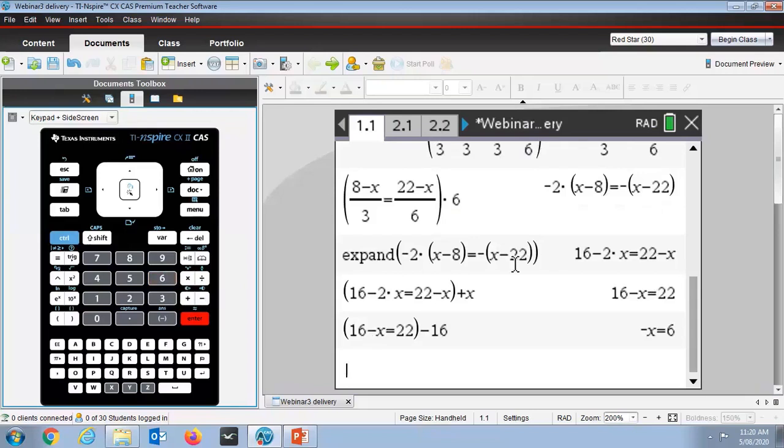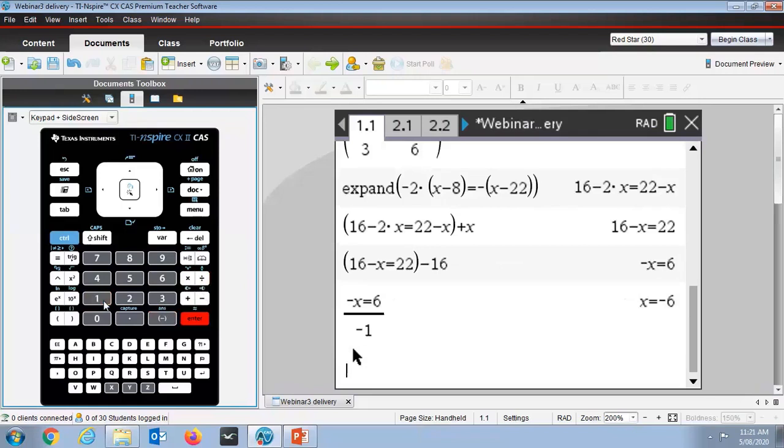You can see that just as in your written working out, you knew you were on the right track if you were gradually getting it more and more simplified. We have only one more step to perform, and that is multiplying or dividing both sides by -1. Let's divide both sides by -1 and press enter, and we've got x equals -6.